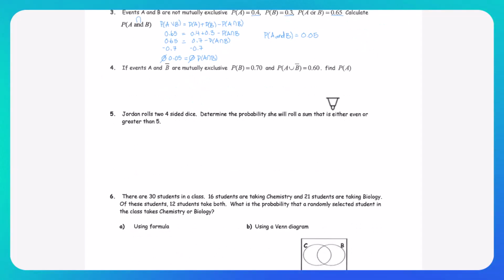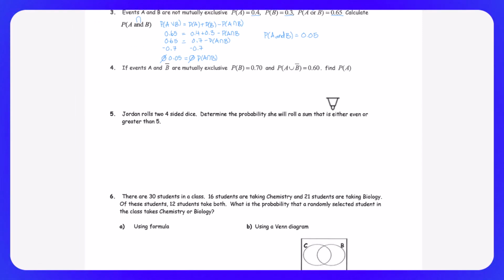Okay, let's look at number 4. If events A and not B, remember that little bar on the top means we're talking about not B, are mutually exclusive, then the probability of B equals 0.7, and the probability of A union with not B equals 0.6.